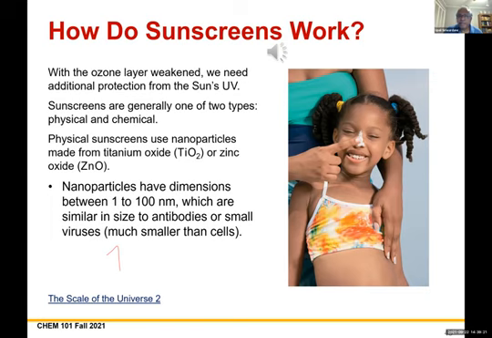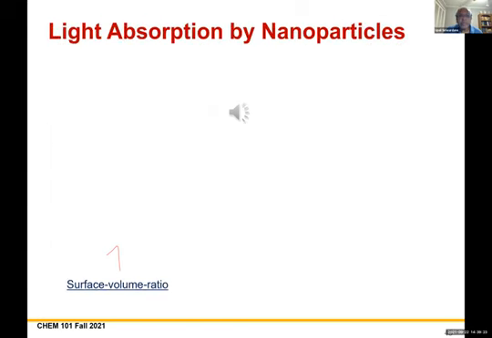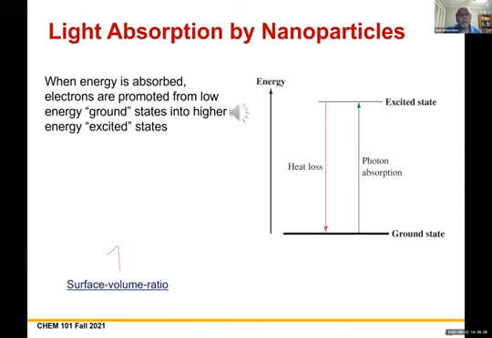They absorb the sun's UV light, photon absorption. Then when they absorb it, they release heat, therefore the effect of UV light is negated. There's no UV light passing into the skin.